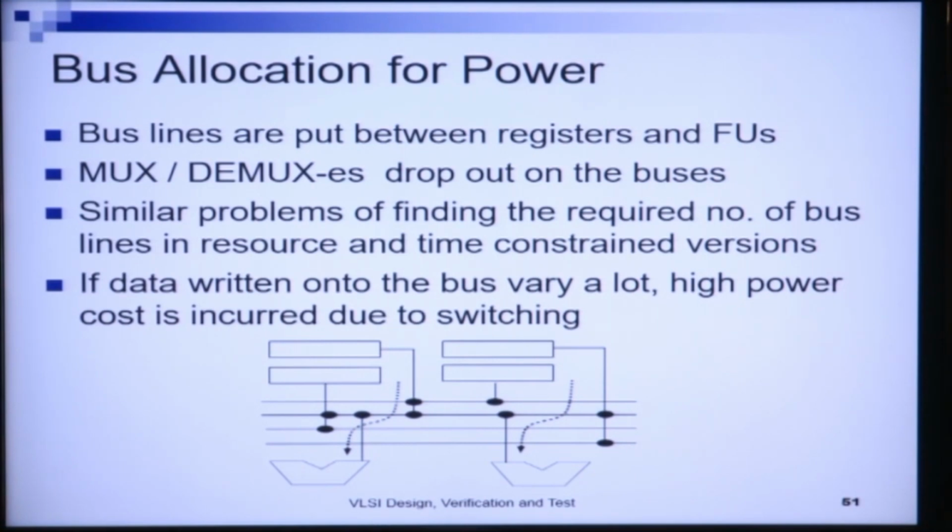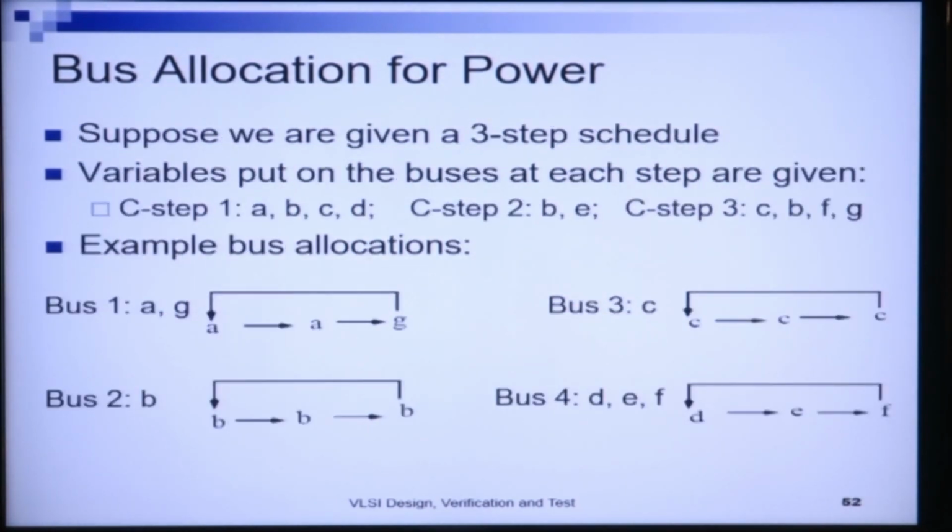So if the data written onto the bus varies a lot, then the power cost incurred increases. So power cost is incurred due to switching. Now if we continue to have the same variable allocated to a bus line, the value in the bus does not change. Now let us say we have a 3-step schedule, and variables are put onto the bus at each step.